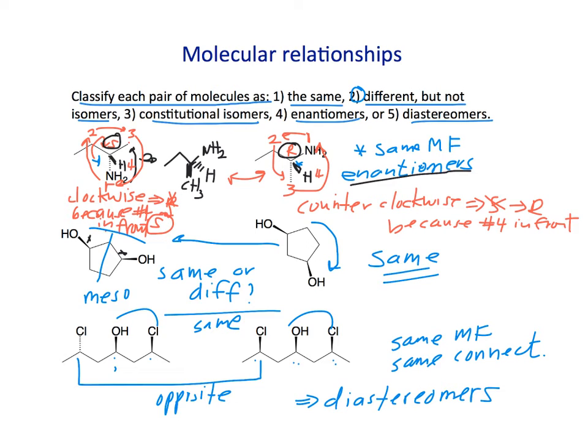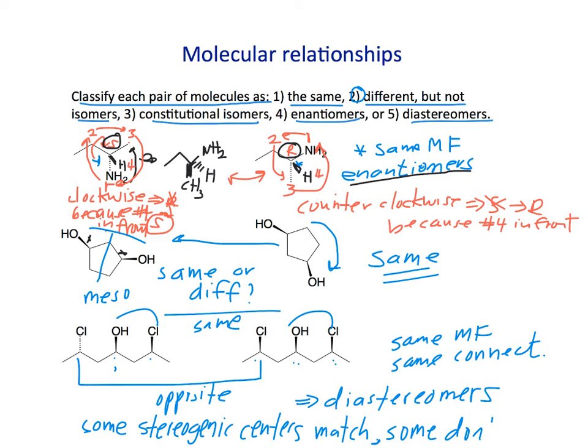Right, so we have some stereogenic centers that match. Some don't. So they're diastereomers. Remember, diastereomers are stereoisomers that are not mirror images.